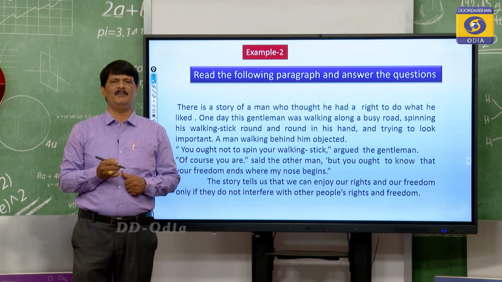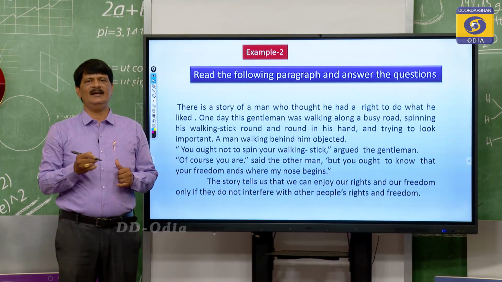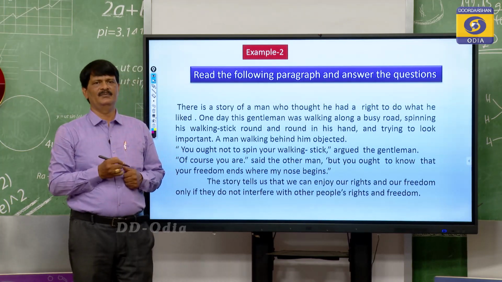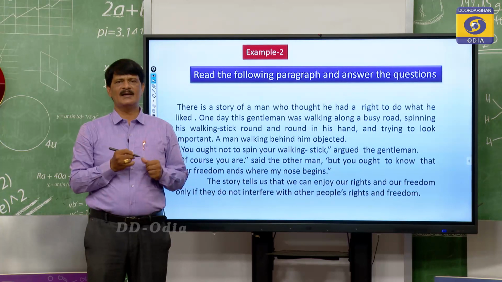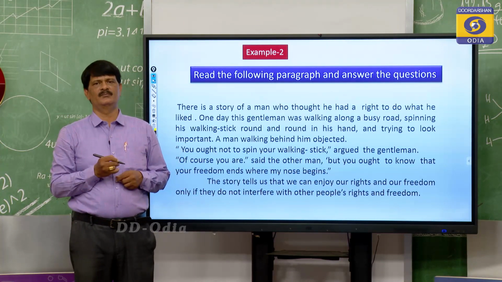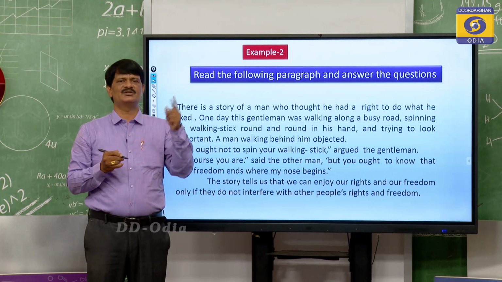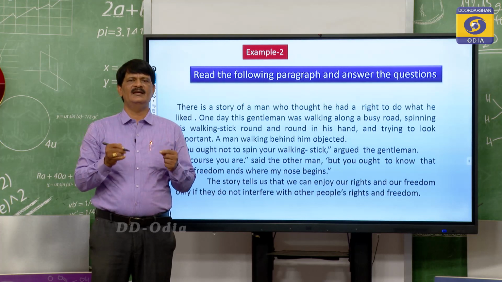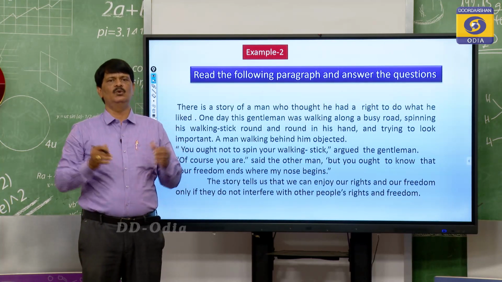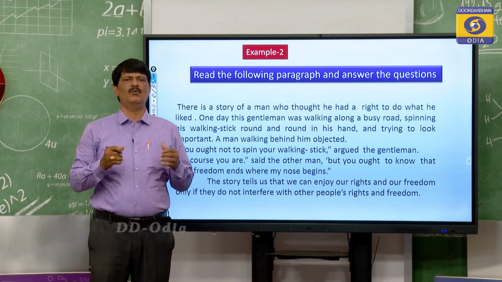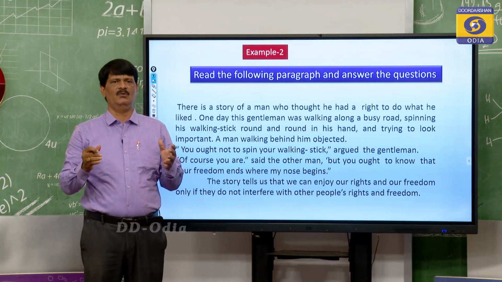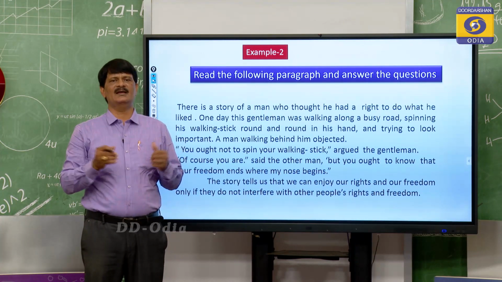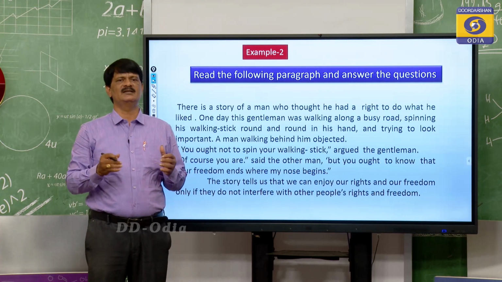There is a story of a man who thought he had a right to do what he liked. One day, this gentleman was walking along a busy road, spinning his walking stick round and round in his hand and trying to look important. The man walking behind him objected. You ought not to spin your walking stick, argued the gentleman.